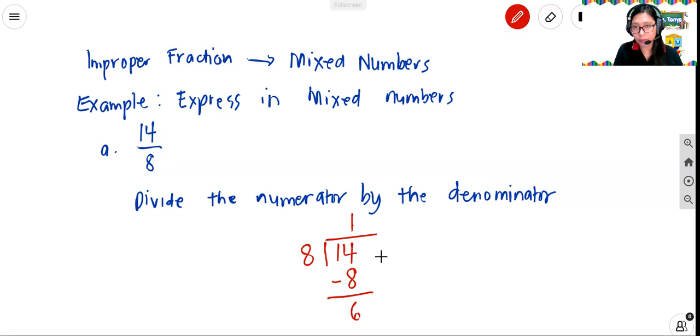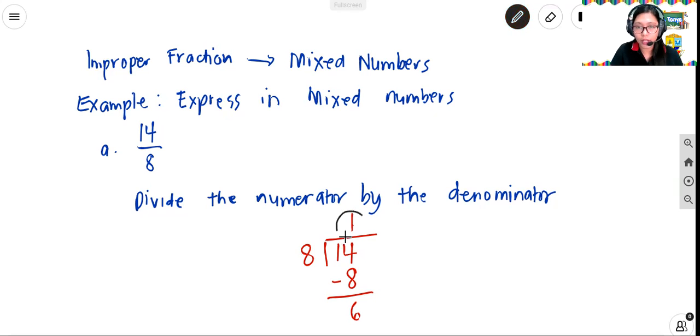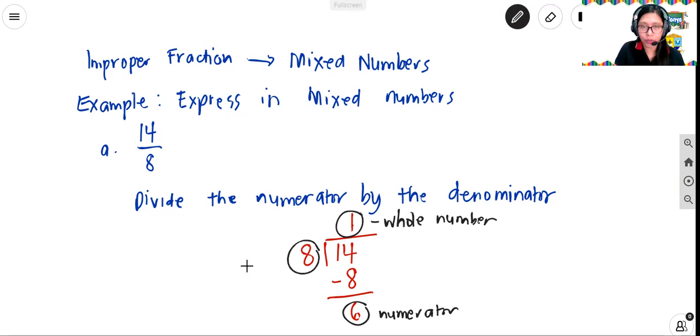Now, there's no number next to it anymore. That's why what we will do is the answer on top would be the whole number of the mixed number. The remainder 6 is the numerator of the fraction, and 8 will be the denominator of the fraction.